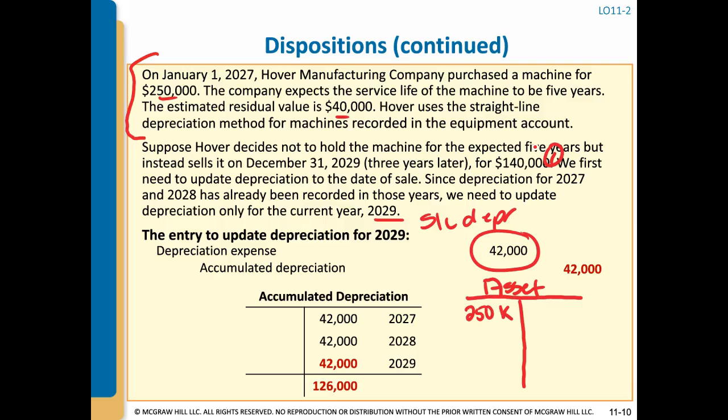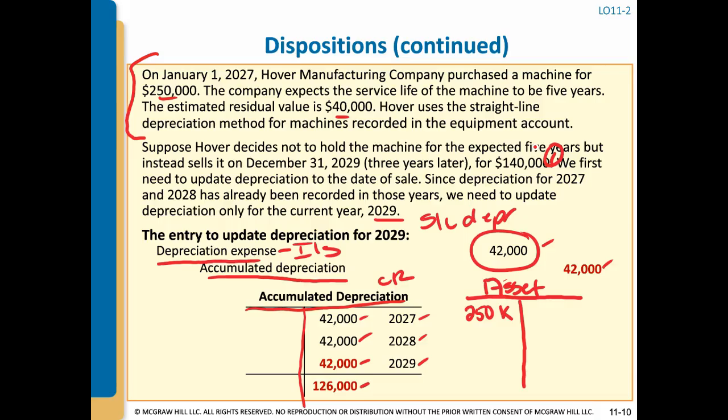Then at the end of year one, we record this entry every year for 2027, 2028, and now for 2029. The depreciation expense goes on the income statement, but the accumulated depreciation is a contra asset account, which means its normal balance is a credit balance. Each year we credit 42,000, so the accumulated depreciation is $126,000.